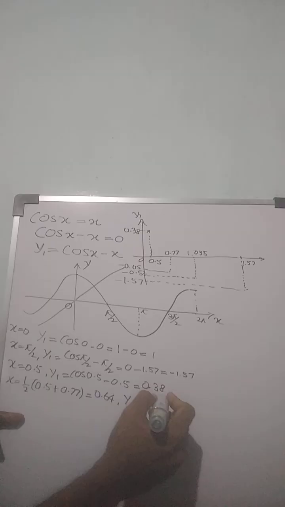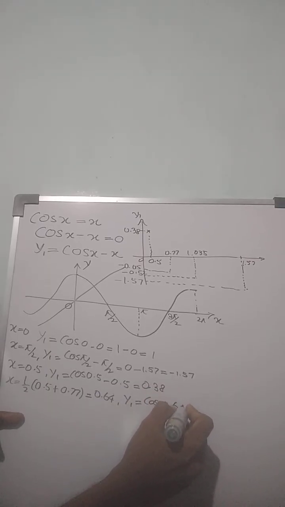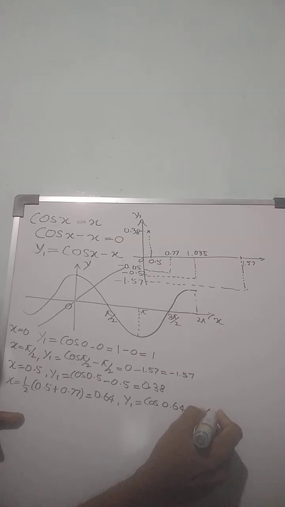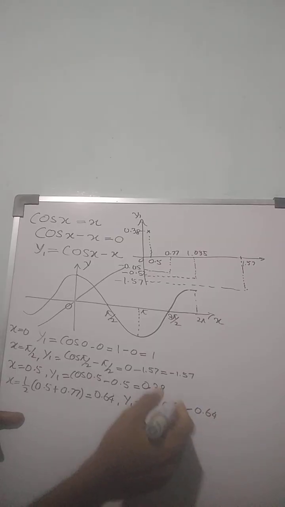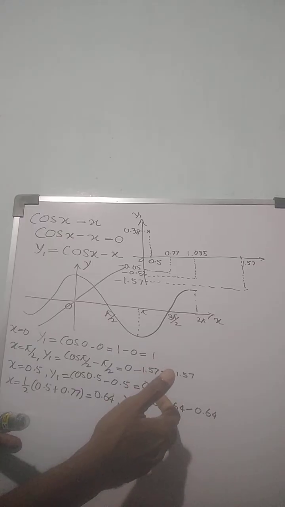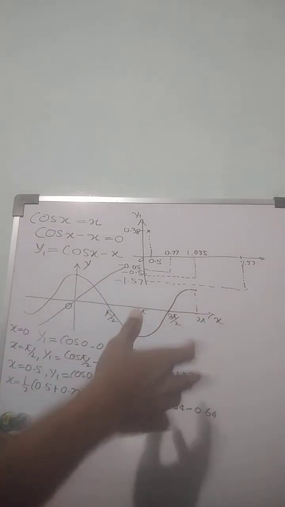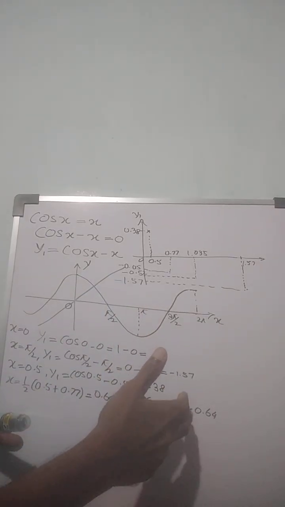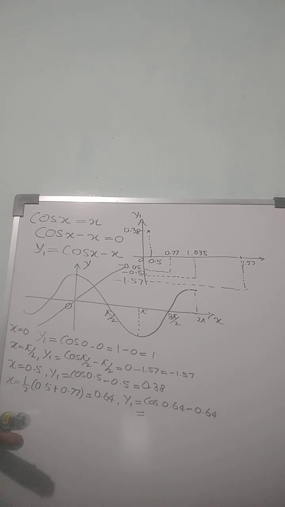When x equals 0.64, y1 is equal to cos 0.64 minus 0.64. That means we find cos 0.64 first and subtract 0.64 from it.